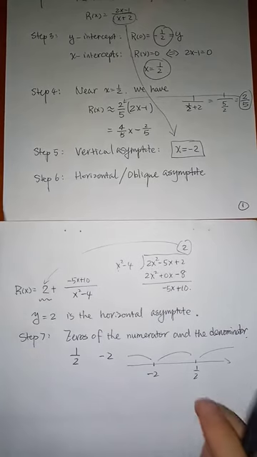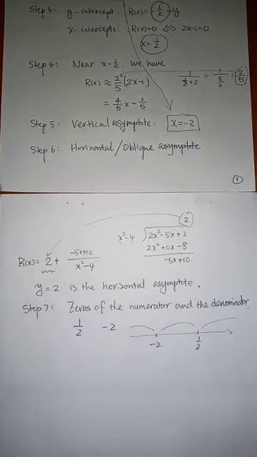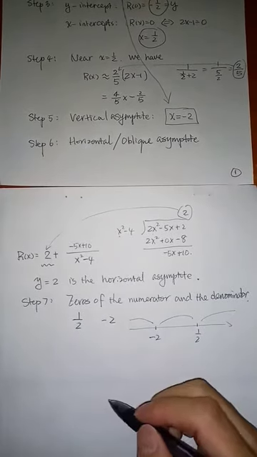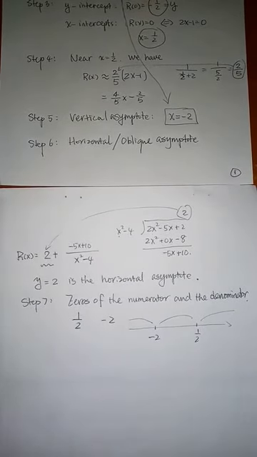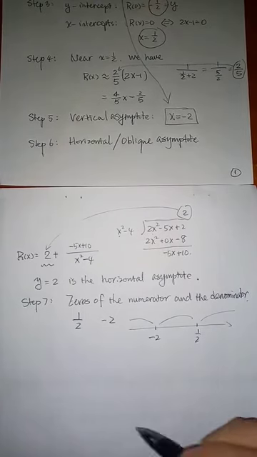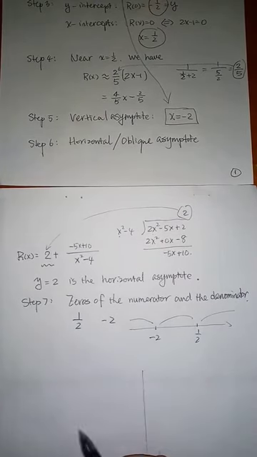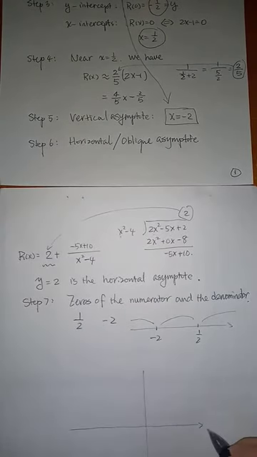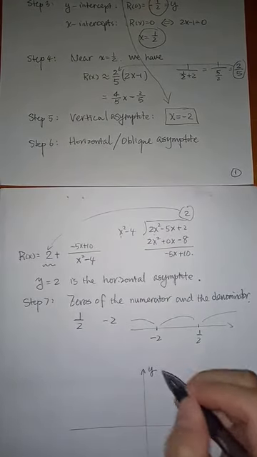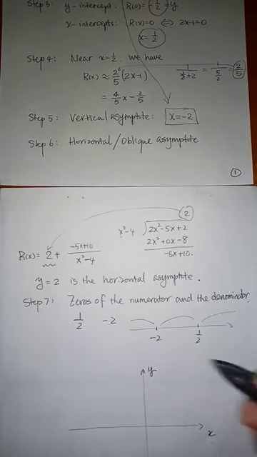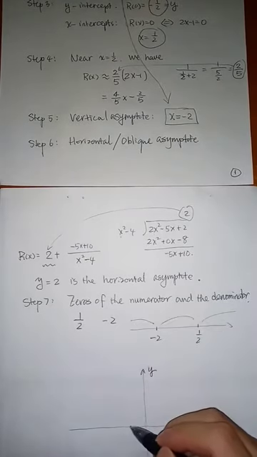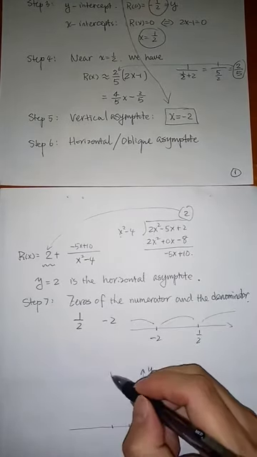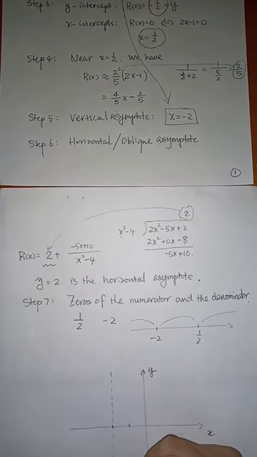Okay, so far we don't do the evaluation. Let's see if we can sketch the graph. Let's collect all the information we have and see the basic picture. On the x and y axes, negative 2 gives you the vertical asymptote, the dashed line.